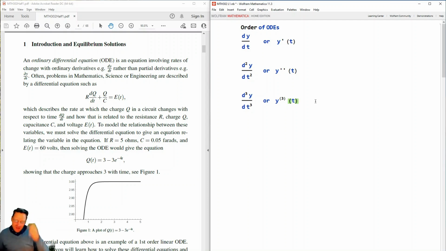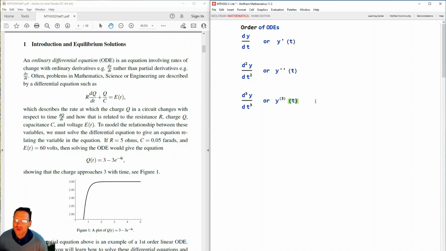Instead of doing that, what you can do is use a superscript, where you put a round bracket around your superscript and you put the number of times that y is to be differentiated. So in this case, y superscript 3, which of course you could write as y dash dash dash of t, right?